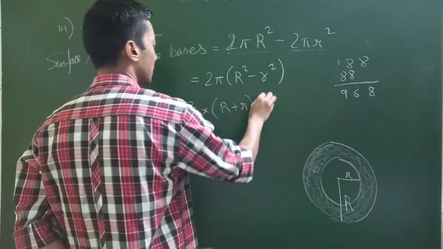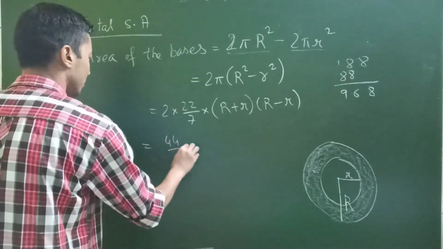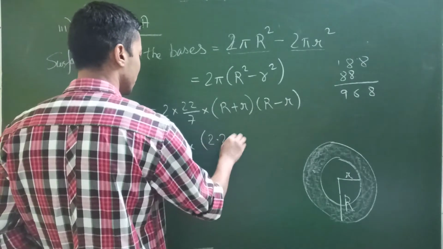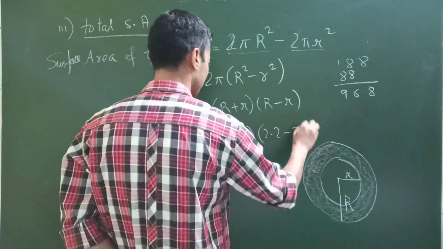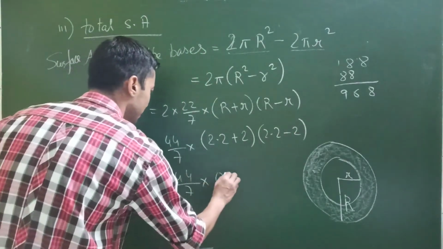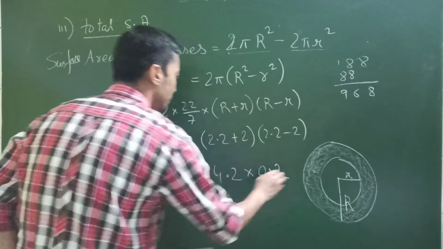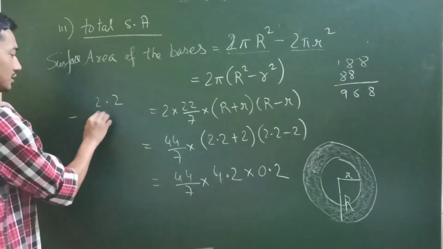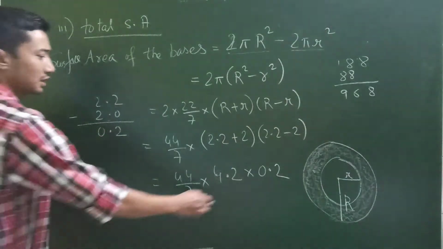I will use this formula, that will be easier for us. 44 by 7 into R was 2.2 plus 2, 2.2 minus 2. 44 by 7 into, this will be 4.2 into 0.2, because 2.2 minus 2 means 2.0 is 0.2.